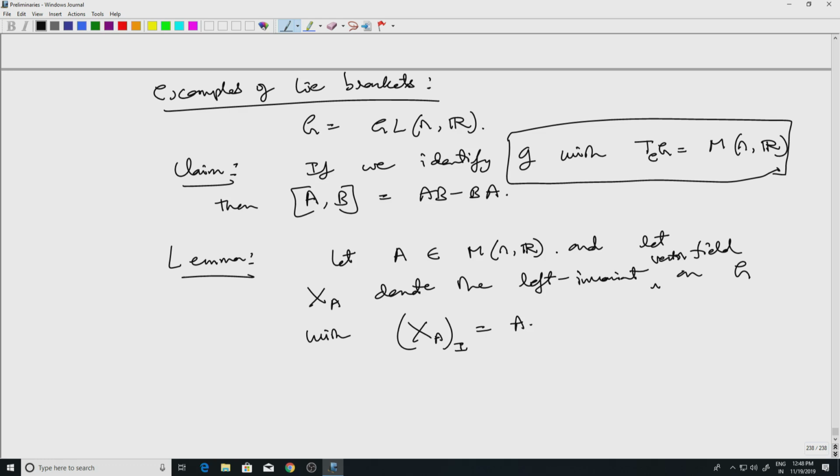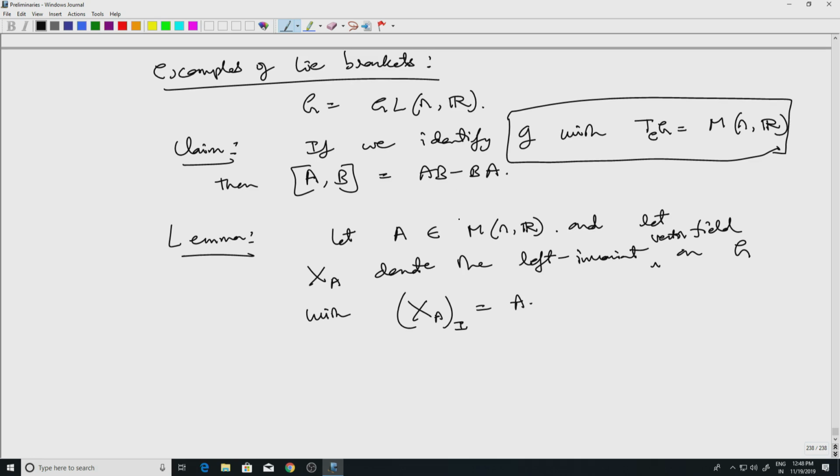This is how this isomorphism arises: you start with a left invariant vector field, see what its value at identity is, so you get an element of the tangent space. Conversely, starting with this, I can get a left invariant vector field, which I've denoted by X_A. Now I want to describe X_A at any point.